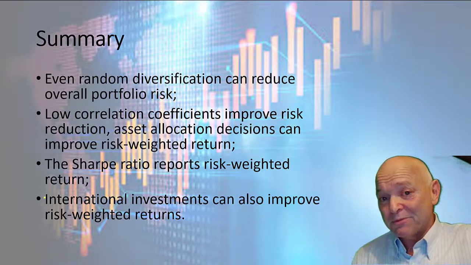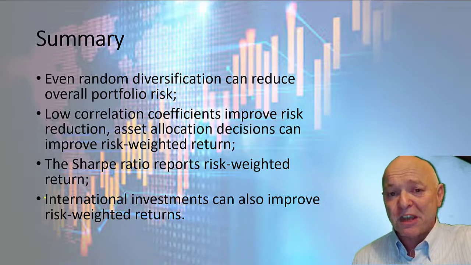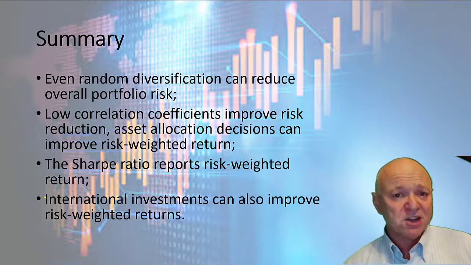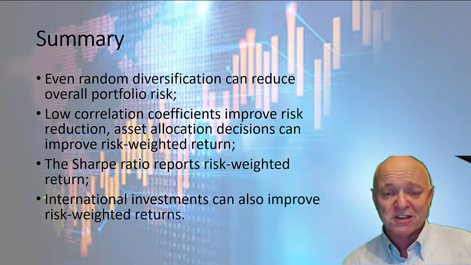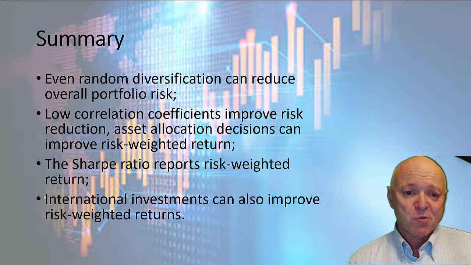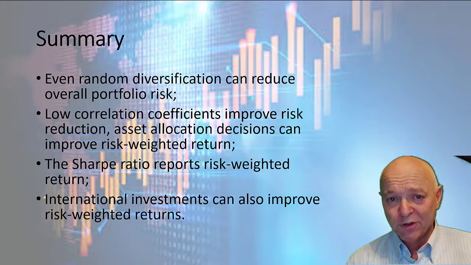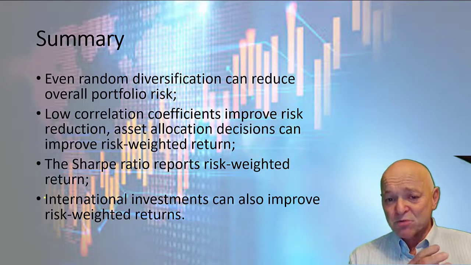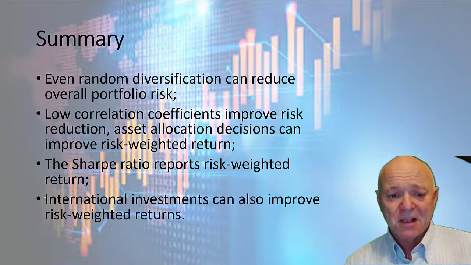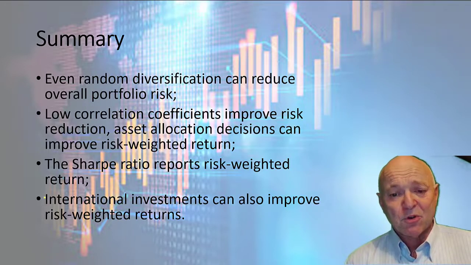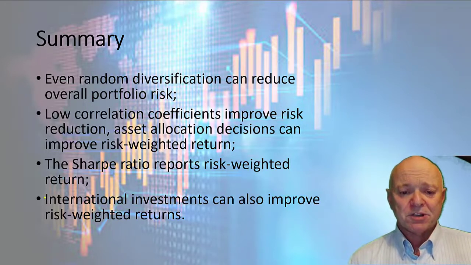To wind up, we'd say diversification started off with a simple idea that even random diversification, just picking stocks or bonds at random, could improve the overall performance of a portfolio. Modern portfolio theory, starting off in the 1950s, started off with this one basic idea: the lower the correlation coefficient, even if they're negative correlation coefficients, the more we can improve risk reduction.